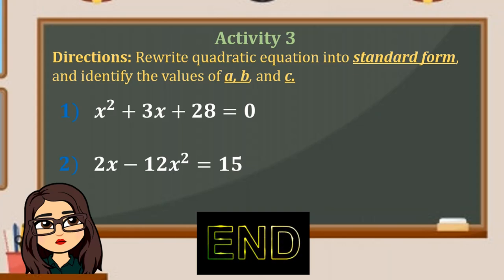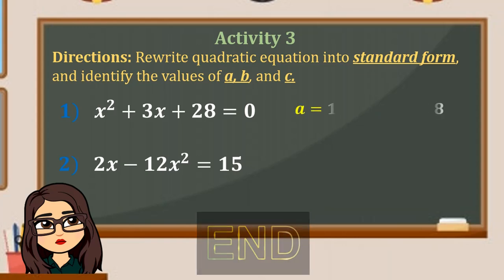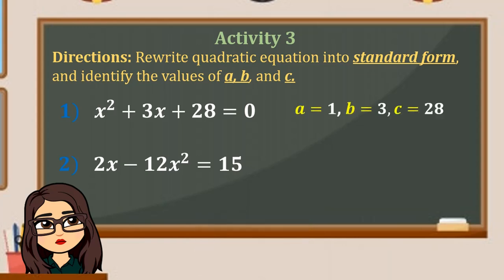Okay, time's up. For number 1, it is already written in standard form. So we're going to proceed now in identifying the values of A, B, and C. The values are A is 1, B is 3, C is 28. For number 2, this time ito yung hindi pa naka-standard form.